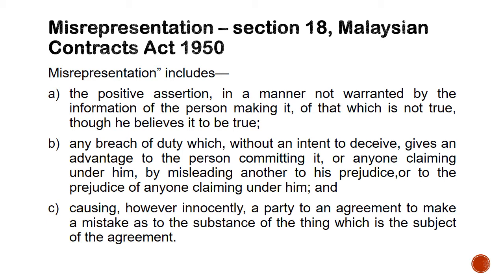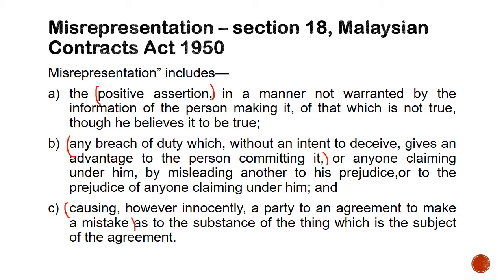Now, the claim action under Section 18 misrepresentation includes positive assertion, any breach of duty which, without intent to deceive, gives an advantage to the person committing it, or causing, however innocently, a party to an agreement to make a mistake as to the substance of the thing which is the subject of the agreement. So these are generally three different categories.